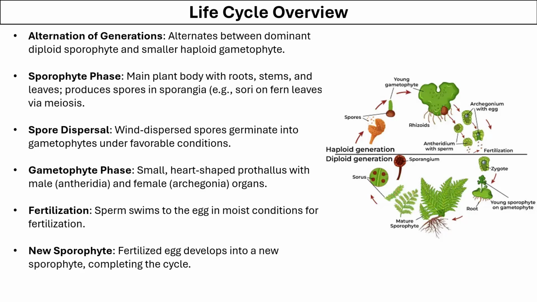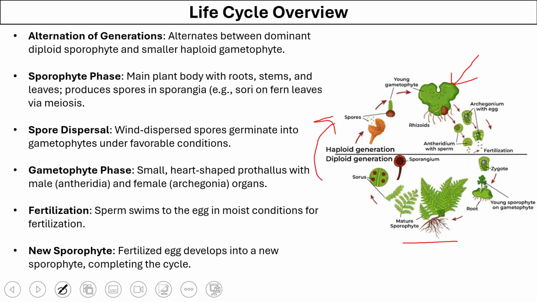Now let's have an overview of the life cycle of Pteridophytes. Pteridophytes also have alternation of generations that alternates between the dominant diploid sporophyte phase and the less dominant and smaller haploid gametophyte phase. The sporophyte is the main body of the plant with roots, stems, and leaves, and it produces spores. The spores are dispersed with the help of wind and they germinate to form gametophytes under favorable conditions.